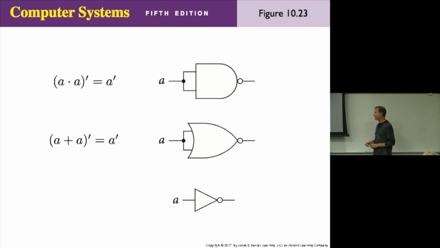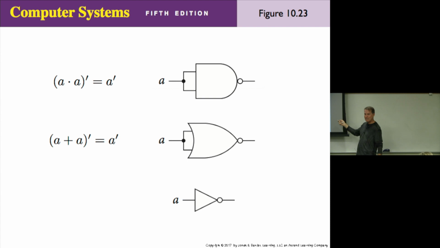Look, check this out in figure 10.23. If you need an inverter, what can you do? If you need a function that does A prime, you could take the two inputs of the NAND and connect them together and have that come in from the left.